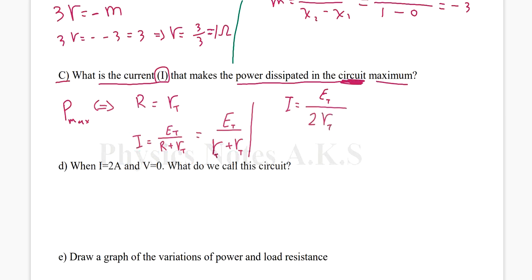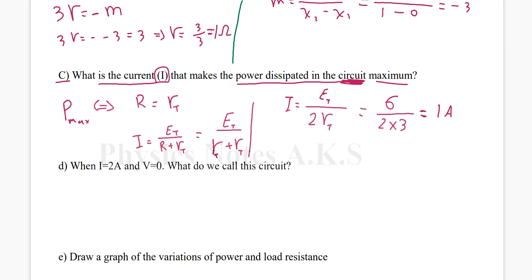This equals 6 over 2 multiplied by 3, where 3 is the total internal resistance. So the current will be 1 ampere. This is the value of the current that will give me a maximum power.